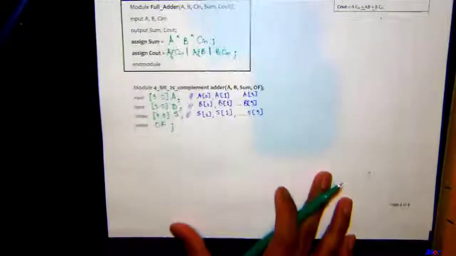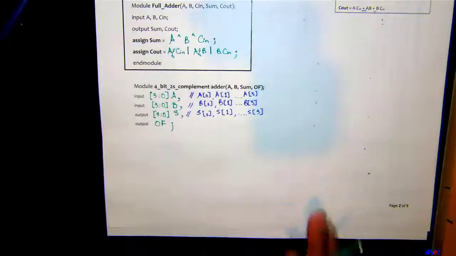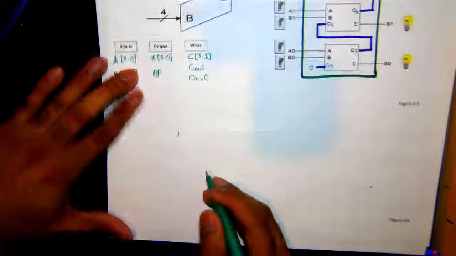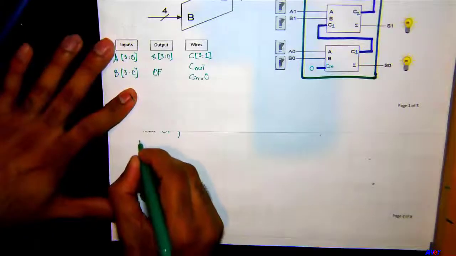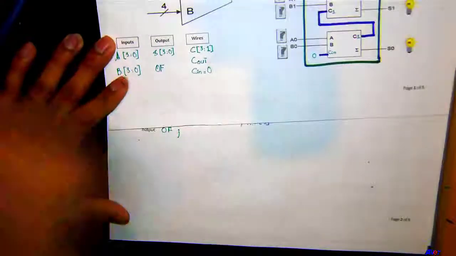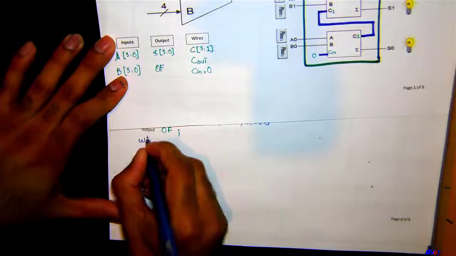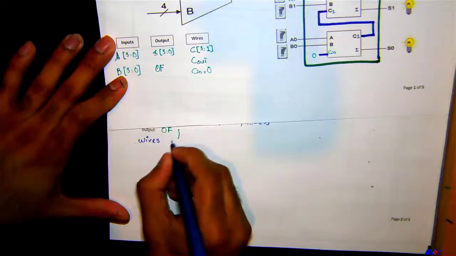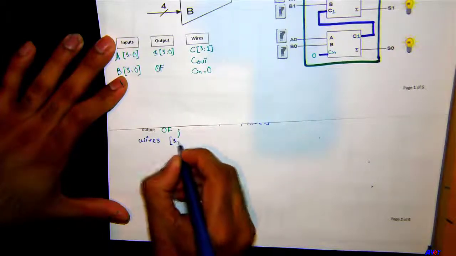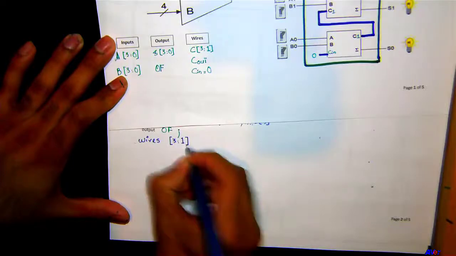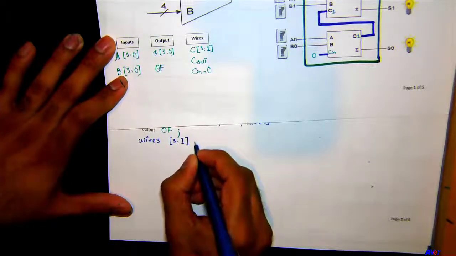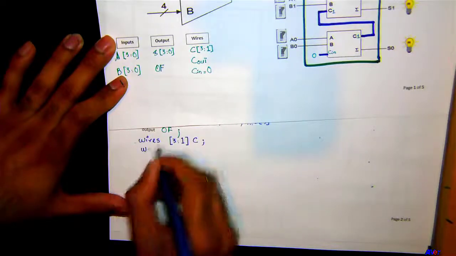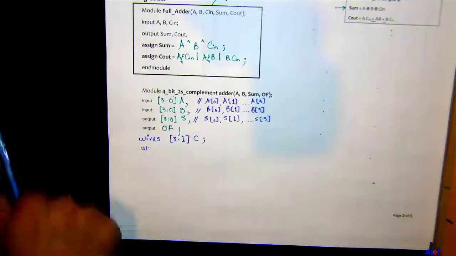Now we also had wires right here, so let's declare the wires also. You can say wires, this carry out, and actually there's not going to be S here, guys.